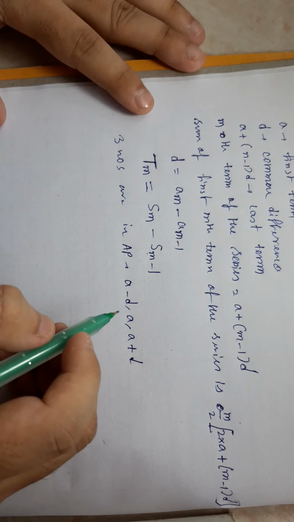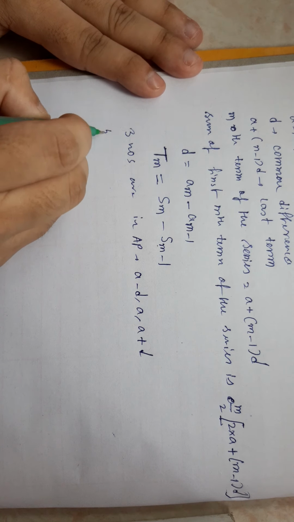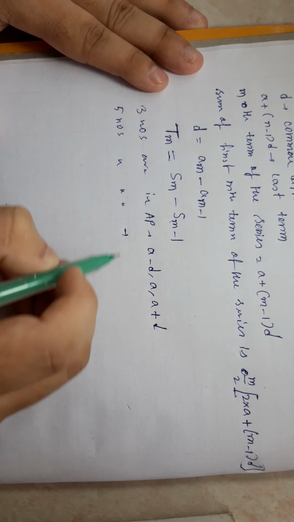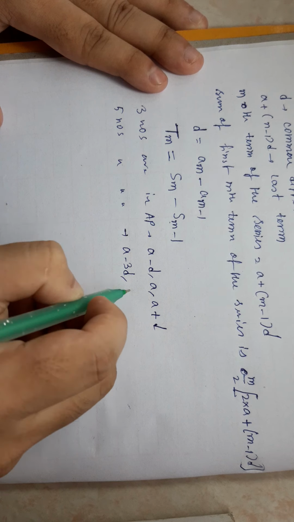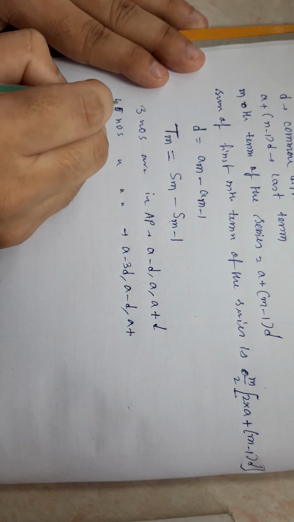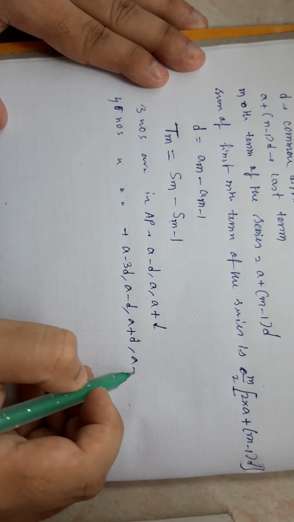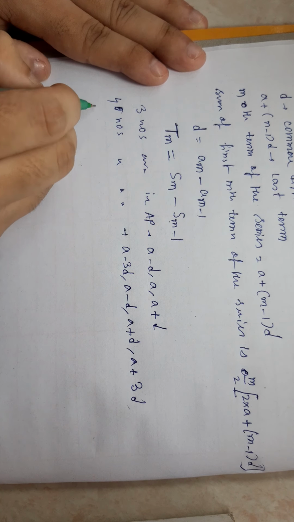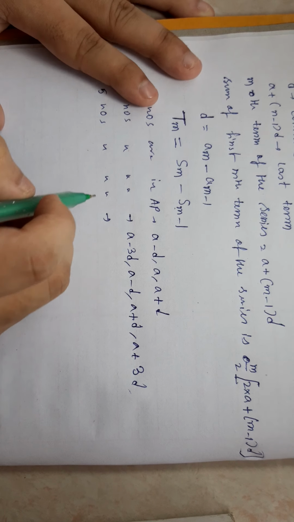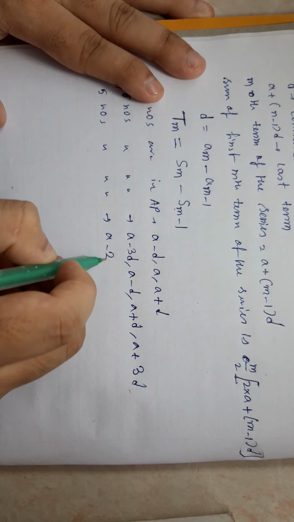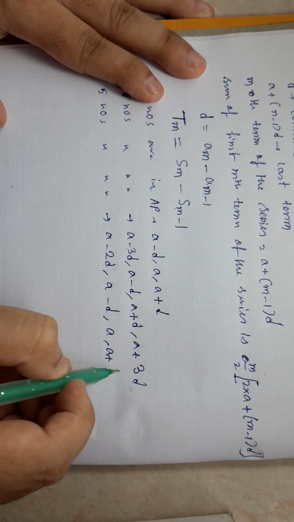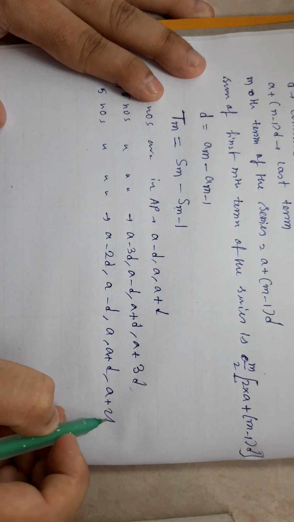And if there are four numbers in AP, we can consider the numbers as a minus 3d, a minus d, a plus d and a plus 3d. If five numbers are in AP, then we can take the numbers as a minus 2d, a minus d, a, a plus d and a plus 2d.